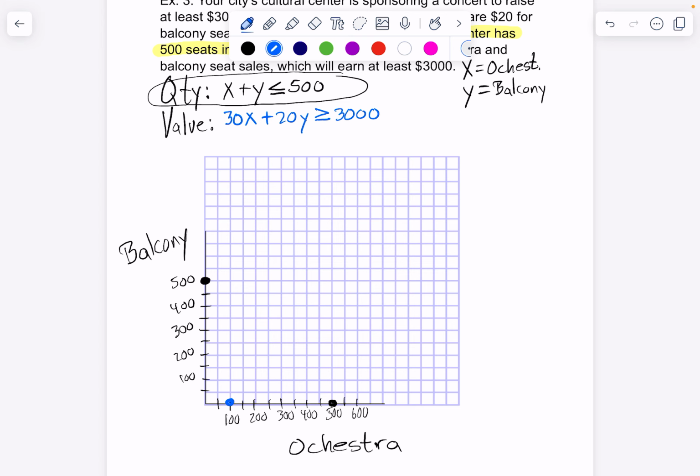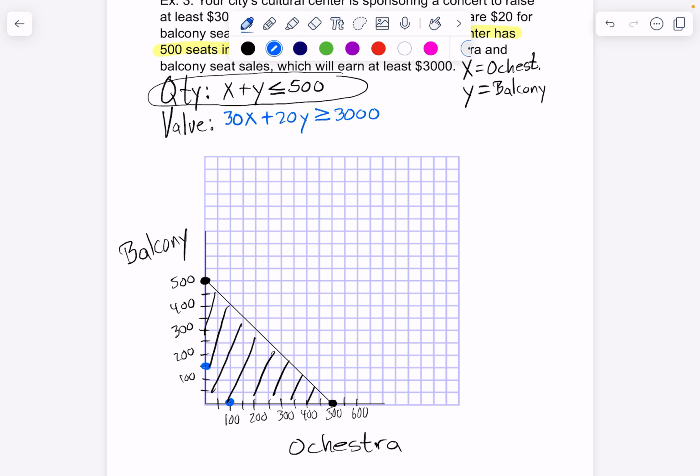And for the Y-intercept, when I make X 0 and solve for Y, I'm at 150. So for my first quantity equation, let's go ahead and connect those dots, and this is less than or equal to, so it's below.